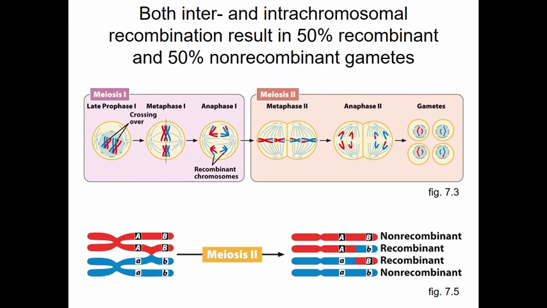So, if you have recombination, 50% of the gametes are recombinant and 50% are not. We just talked about that. I think what you're confused about is, so then how do you tell that from independent assortment, right?